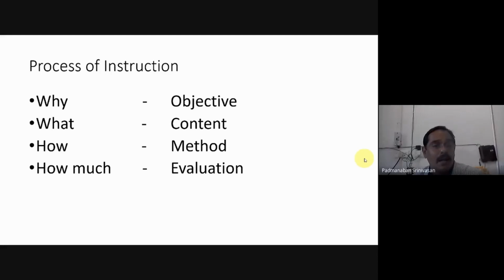Because we have some aims and objectives. What we teach is our content. How do we teach? With a number of methods: lecture, demonstration, inquiry-based method, concept attainment, whatever it is. And how much we taught is based on the evaluation. So these four comprise the process of instruction.